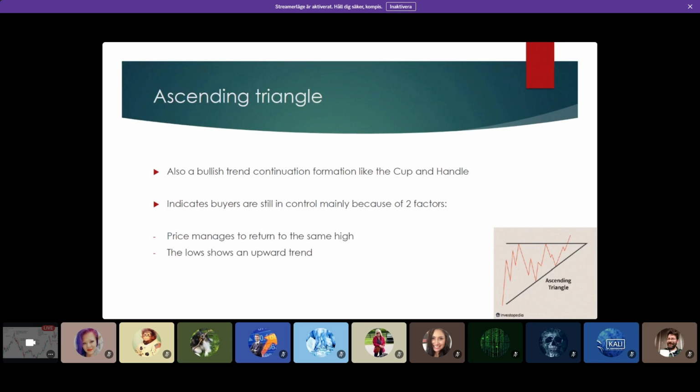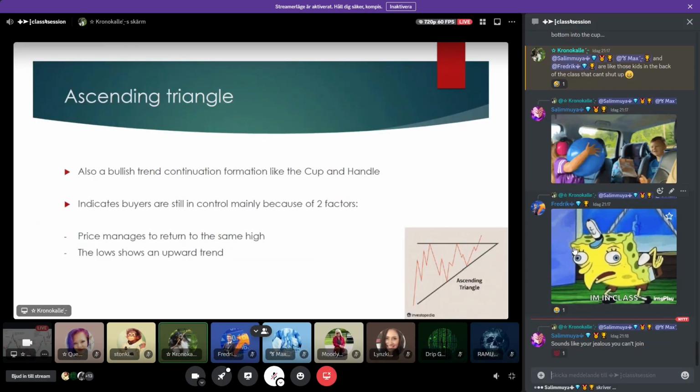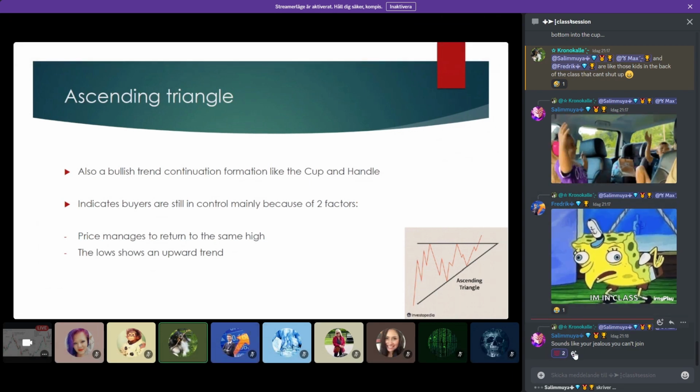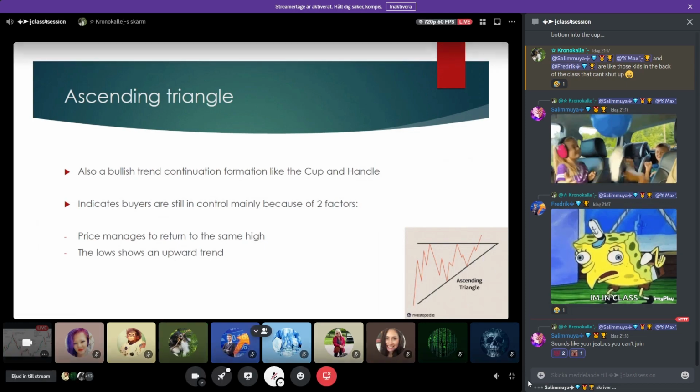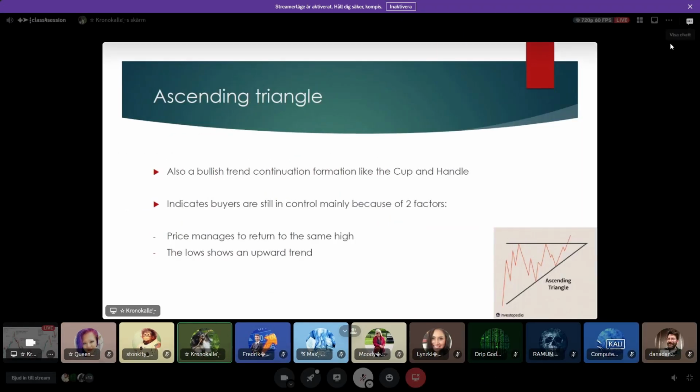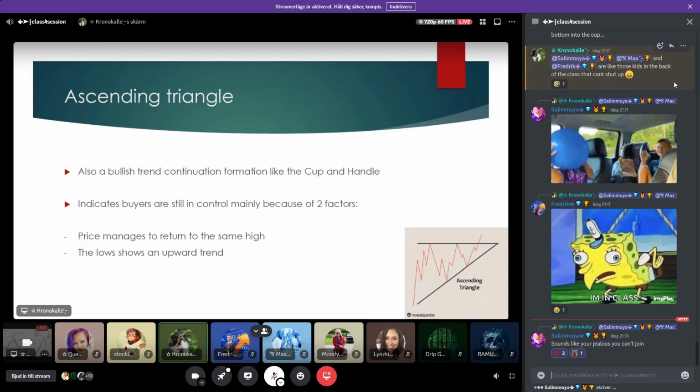And also, if you look at the lows there, we have higher lows all the time. So we can see that the bears are getting less and less in control, and the bulls really want to push this upward, while the bears are kind of not retreating, but they are getting weaker.